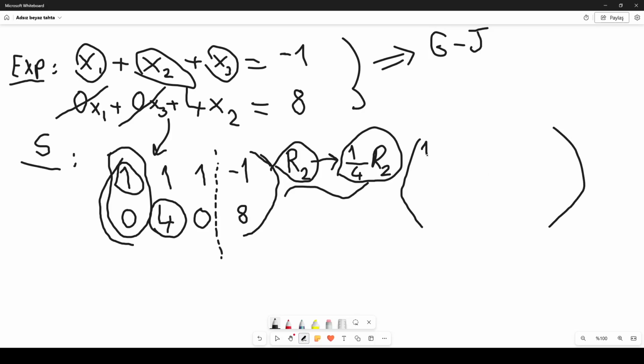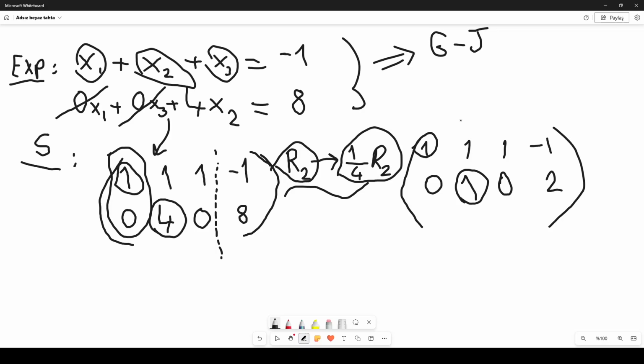Let's write it down. We got 1, 1, 1 and -1, and now what we got here, 0, and dividing 4 by 4, we got 1, and then 0 and then 2. So now I have 1 as the leading entry for the second row and for the first row as well.